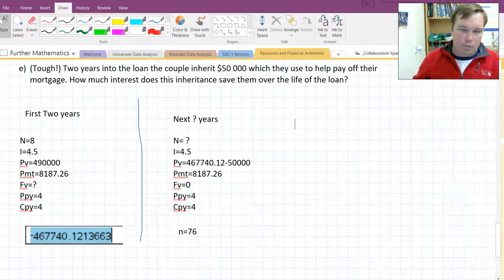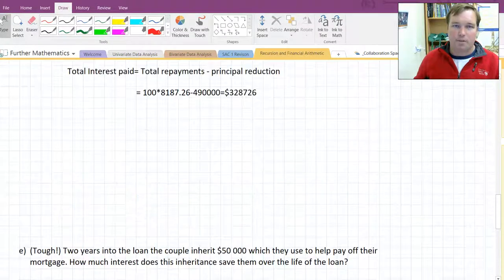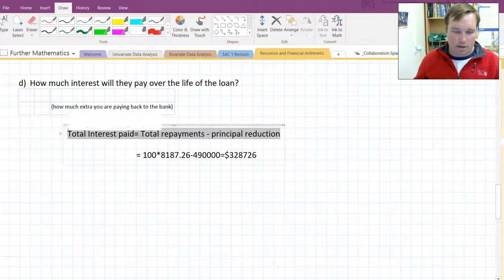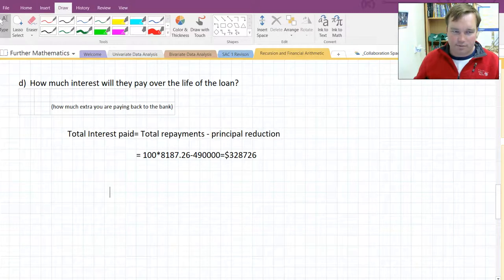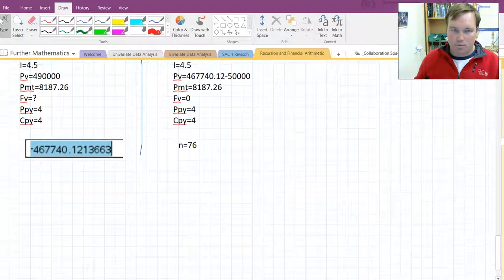So, once again, we want to look at this equation above to calculate interest. Total interest paid is total repayments minus the principal reduction.